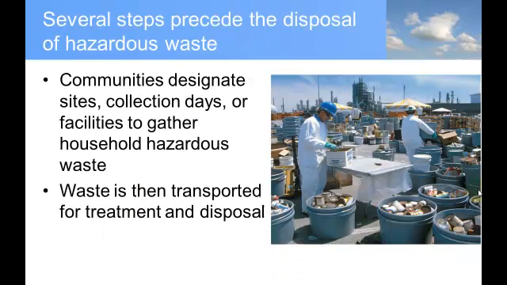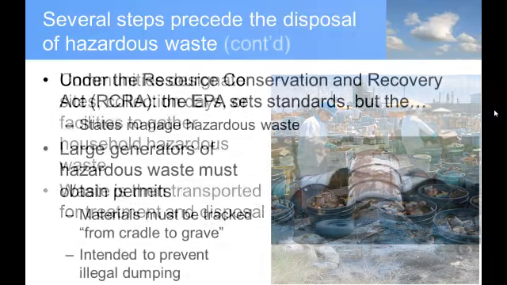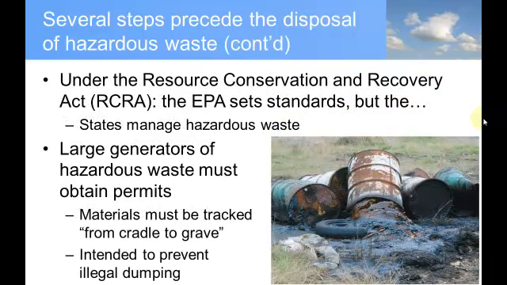Disposing of hazardous waste can vary from location to location, especially when we're talking about household hazardous waste. Many communities designate certain days or sites where household hazardous waste can be disposed of. Other places don't really have any regulations at all for the disposal of household hazardous waste.